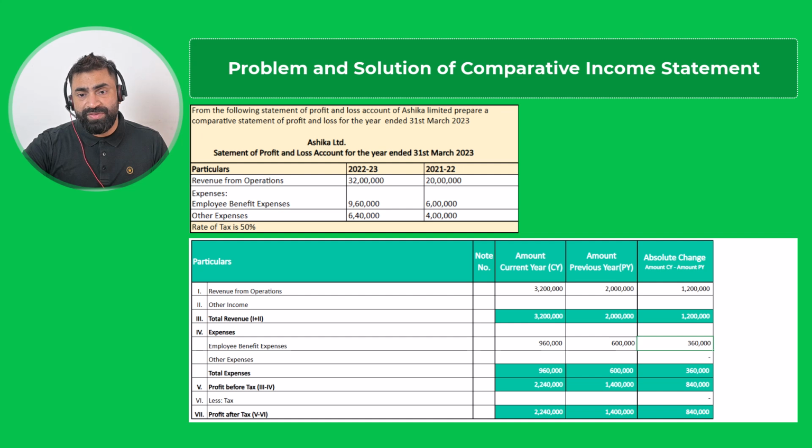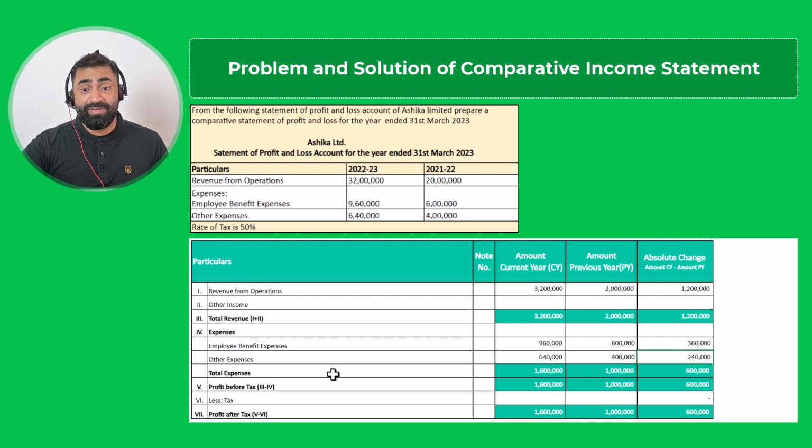The difference of these two, 9,60,000 minus 6 lakhs, is 3,60,000, which is your absolute change. Other expenses, do we have other expenses? Yes, we do. And that's 6,40,000 and 4 lakhs, and the absolute change is 2,40,000.